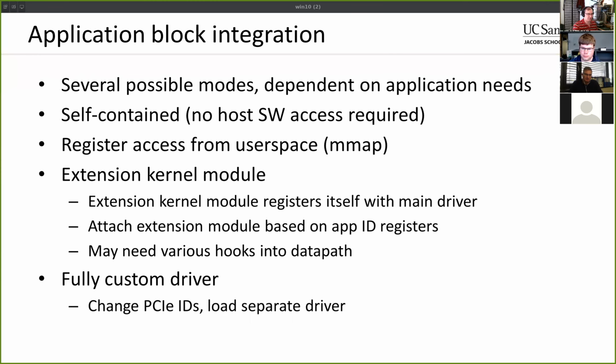Would we have to add a bunch of hooks? And also there's a question of how the connection would be made between the two. Presumably this extension module would have to register itself with the main kernel module, which can then detect which application module is installed on the FPGA and attach the appropriate extension module. So I don't have the details for that figured out yet.